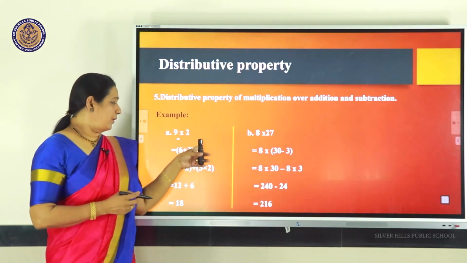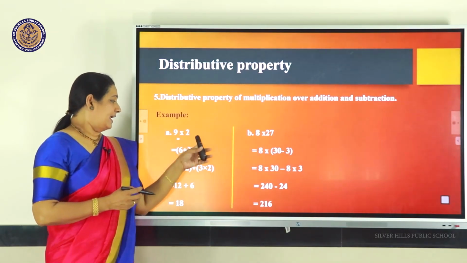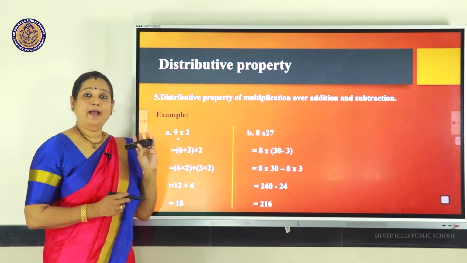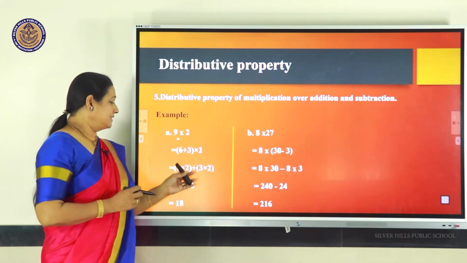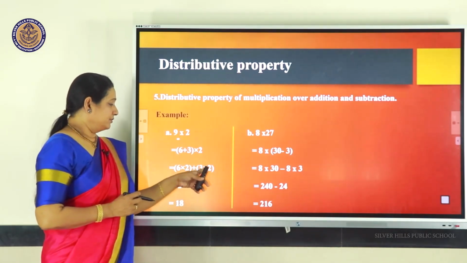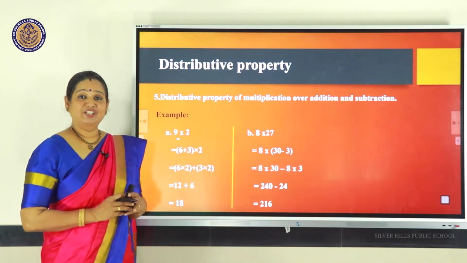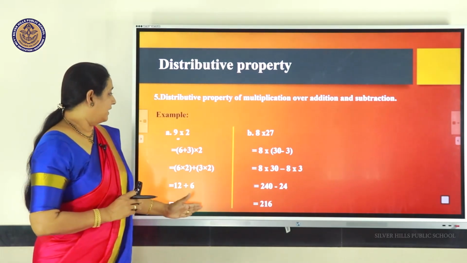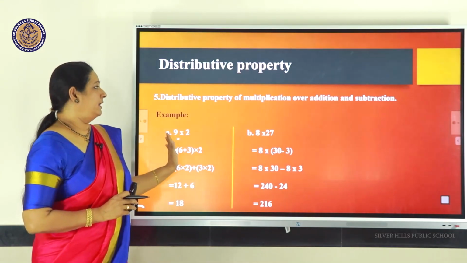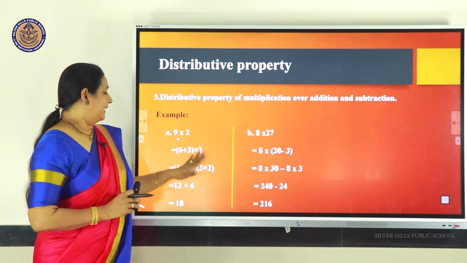So, 2 is going to distribute with 6, again 2 is getting distributed by 3. Now, 2 6s are 12, 3 2s are 6. So, 12 plus 6 is 18. So, here we have done distributive property over addition.